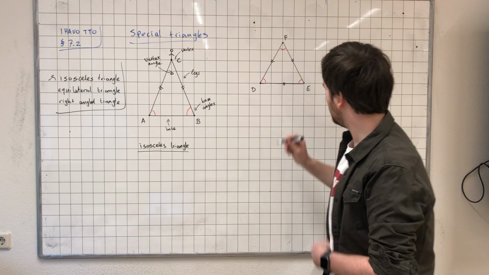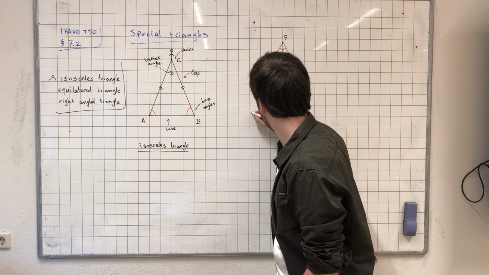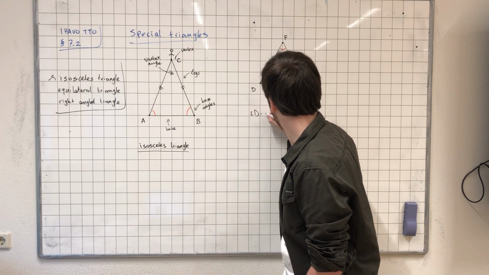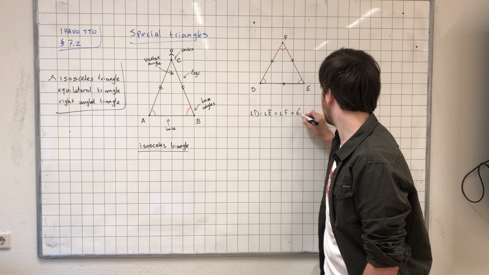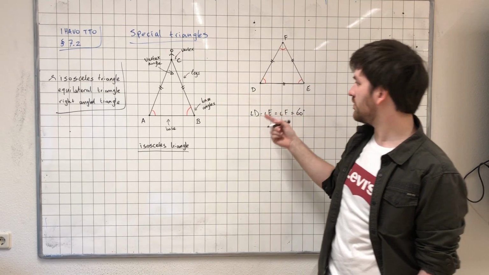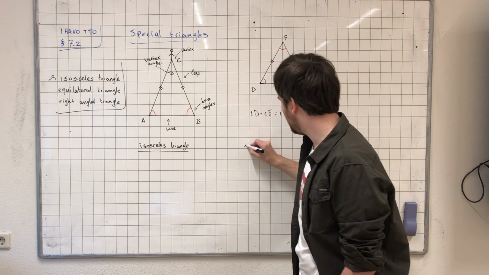And you will see that all of these angles are exactly 60 degrees. In the next paragraph you'll see that this is not a coincidence. This is true for every single equilateral triangle.